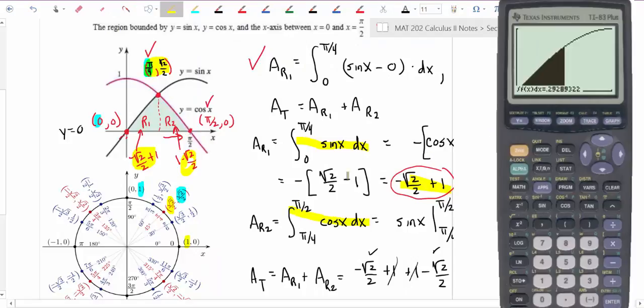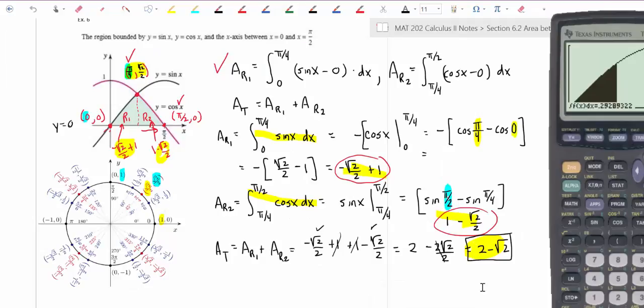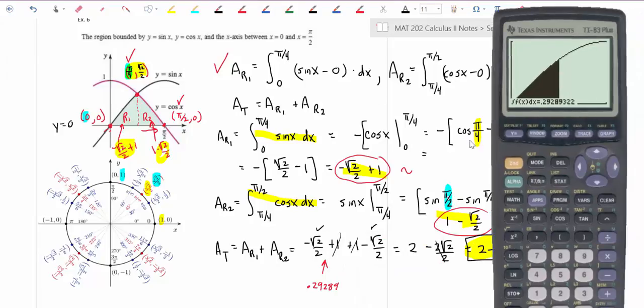Okay, so this region right here was giving about 0.29289.